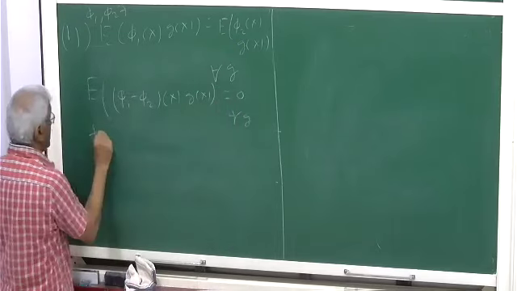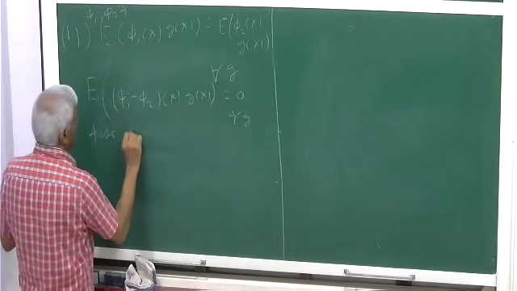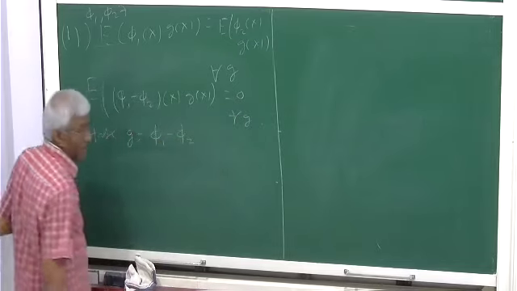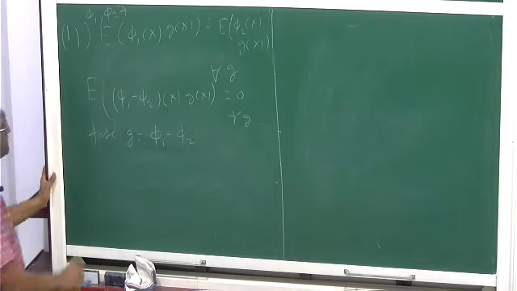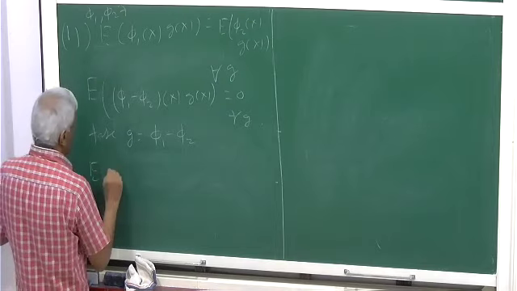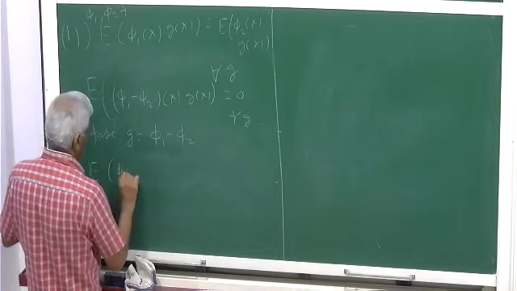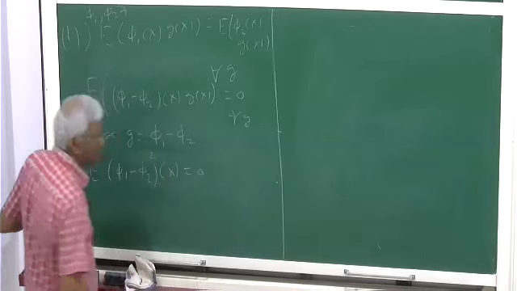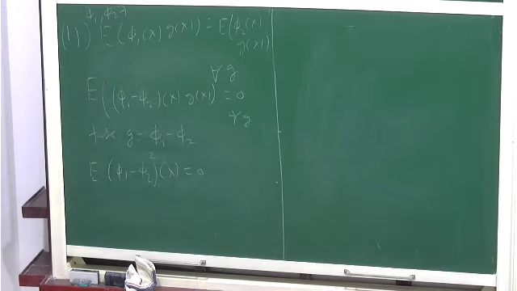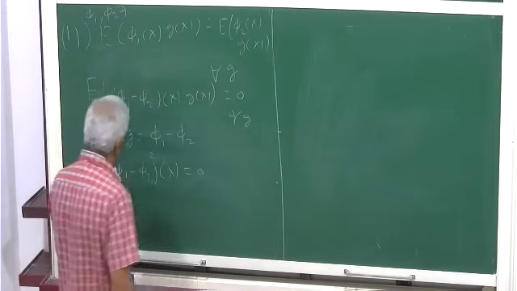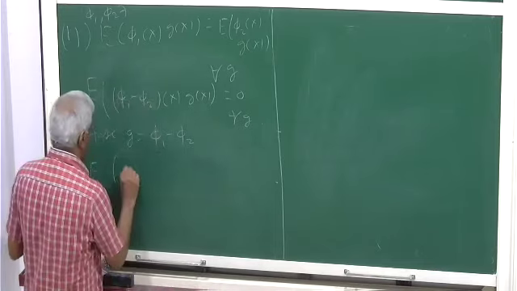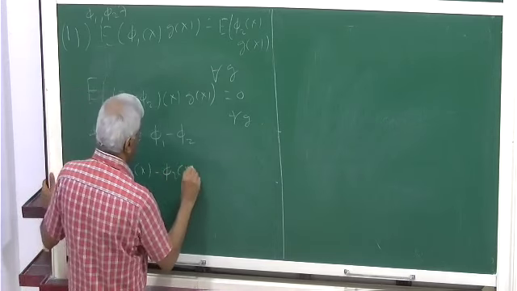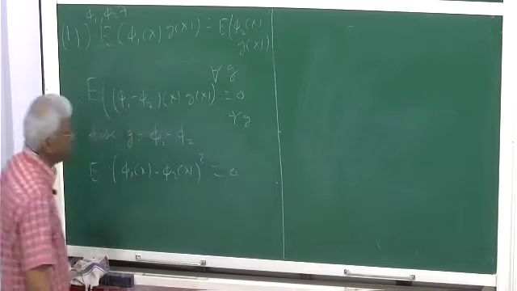Take g equal to, if it is a complex number you have to take the bar, but since we are working with only real, you just take phi1 minus phi2. This implies E of (phi1 minus phi2) square of x equals 0, or E of (phi1 of x minus phi2 of x) square equals 0.